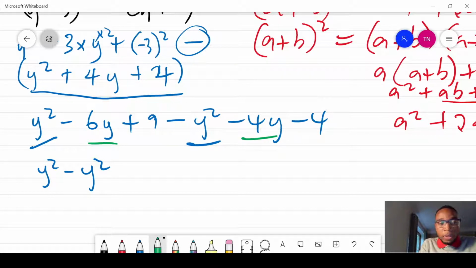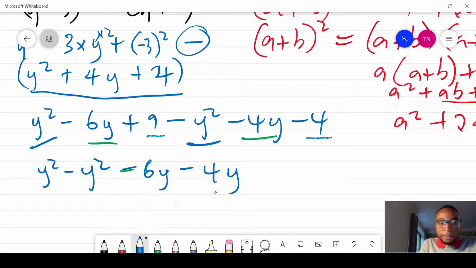Sorry for that. So we're going to have these two like terms here. So that is going to be minus 6y minus 4y. Those are the like terms that we had there. Then we're going to have the other like terms, which is that and that.